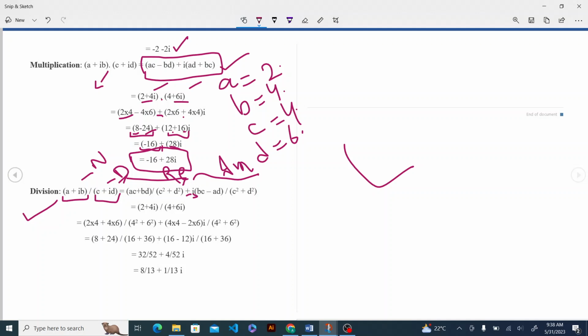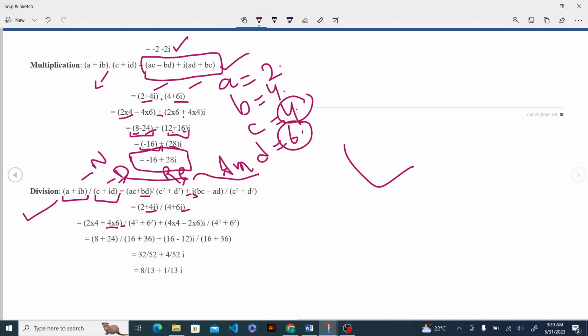Okay, let us solve the example now. We have the same complex numbers, 2 plus 4 iota and 4 plus 6 iota. Let us follow the formula given and calculate the quotient. So a into c means 2 into 4, plus b into d means 4 into 6, divided by c square plus d square. So c is 4 and d is equal to 6.